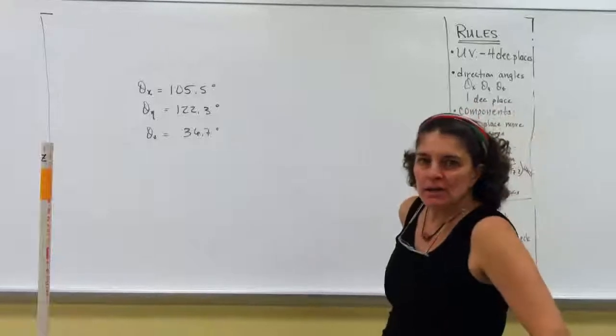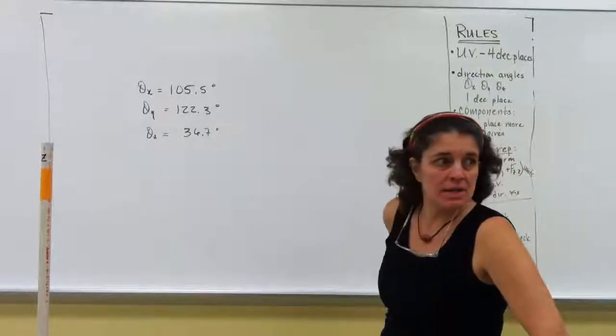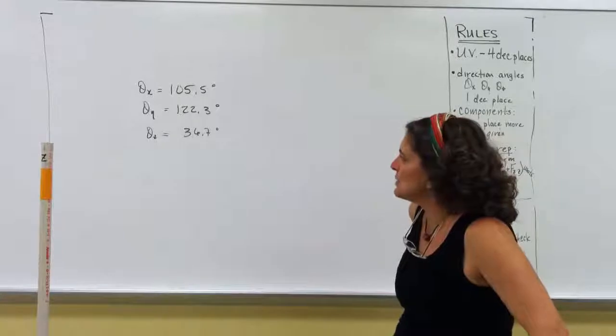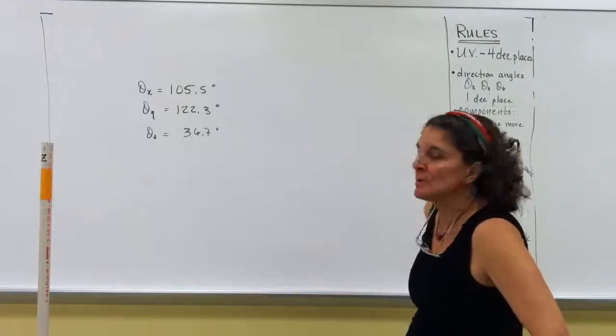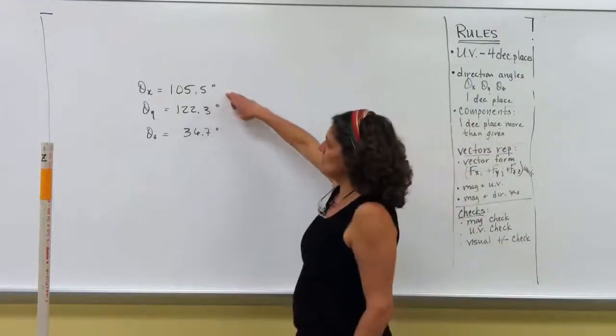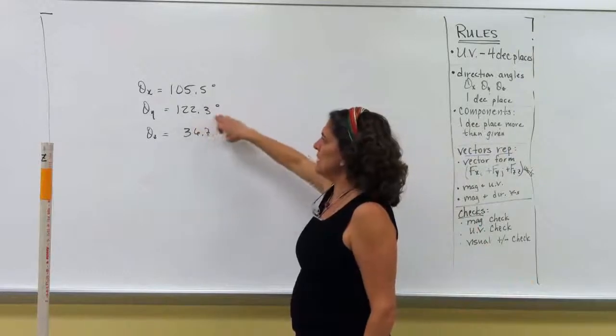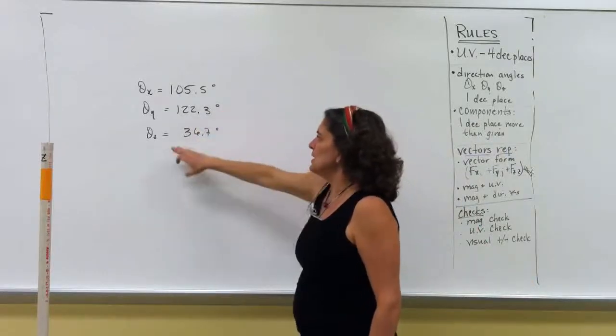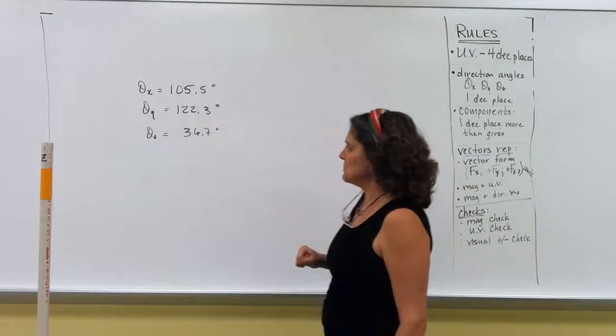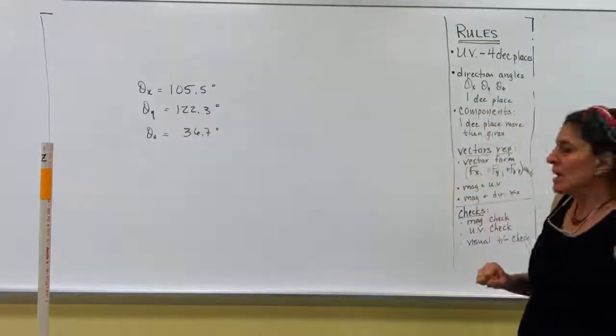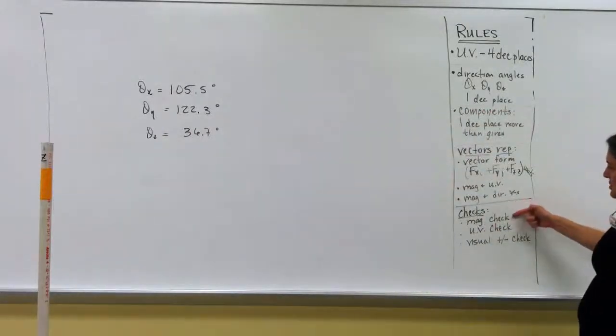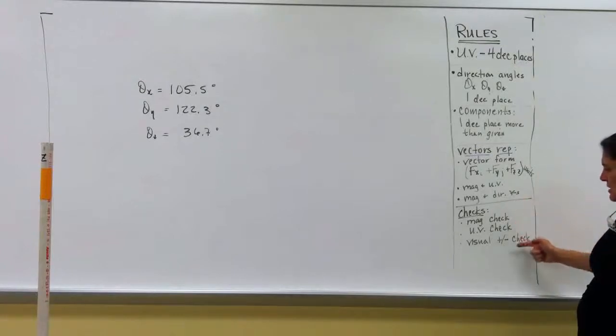So now I want to talk a little bit about angles. In this case, we're looking at the direction angles that we solved for in that last problem. We got theta x to be 105.5, theta y to be 122.3, and theta z to be 36.7. We talked about the three different kinds of checks: the magnitude check, the unit vector check, and the visual check.